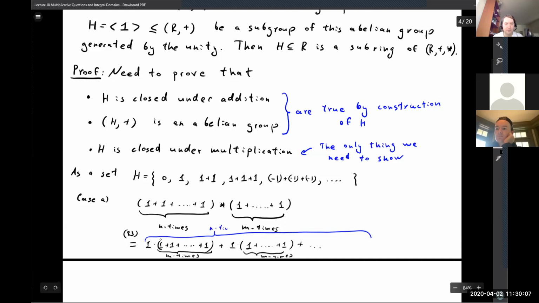Then applying R3 again to each of the summands, we would get that this is the same as 1 plus 1 plus 1, m times, plus 1 plus 1 plus 1, m times, etc. And altogether, this will be n times.